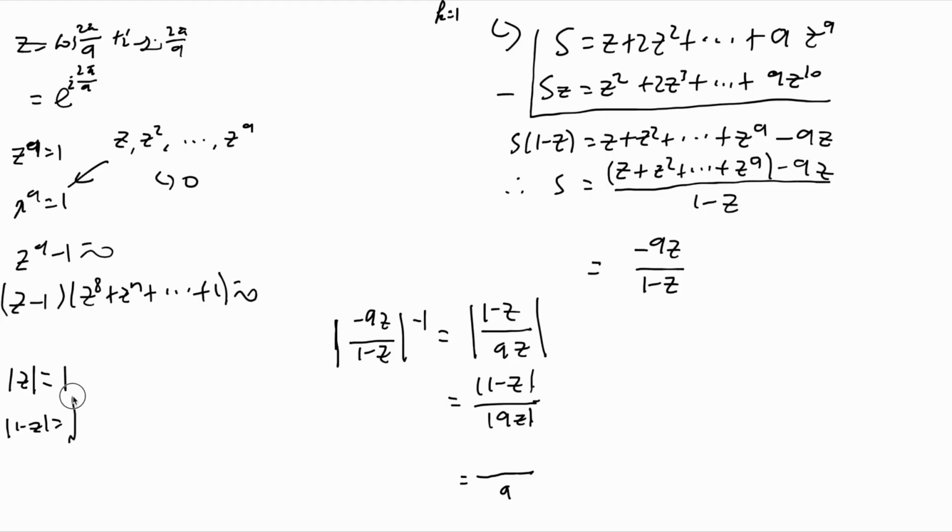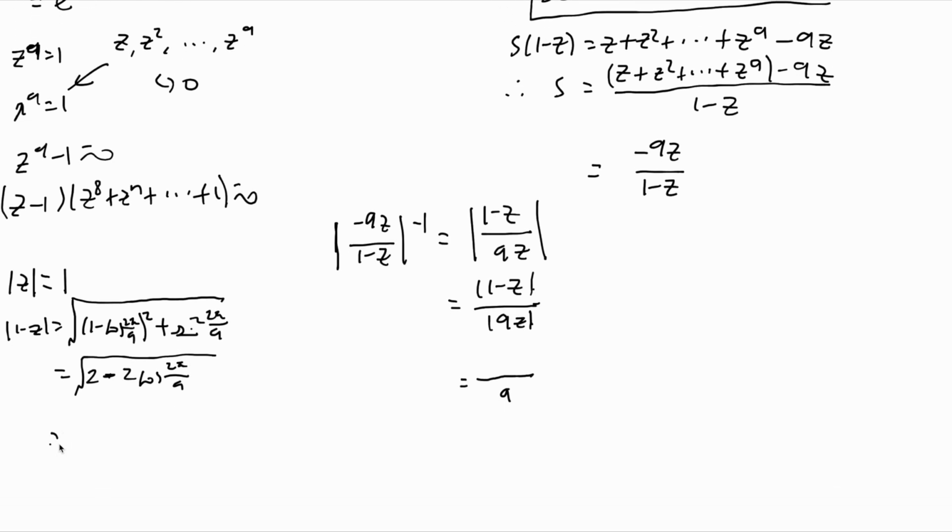This is equal to the square root of 1 minus cosine of 2 pi over 9, squared, plus sine squared. Now this thing is simply equal to the square root of 2 minus 2 times cosine of 2 pi over 9.